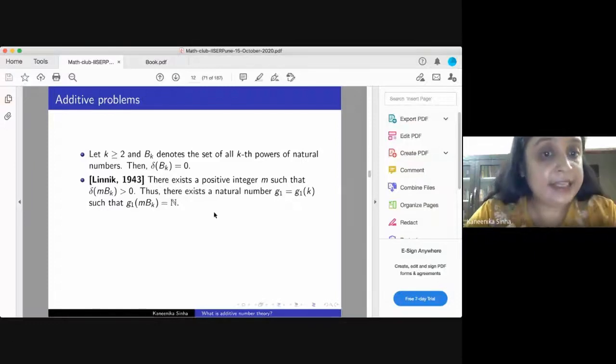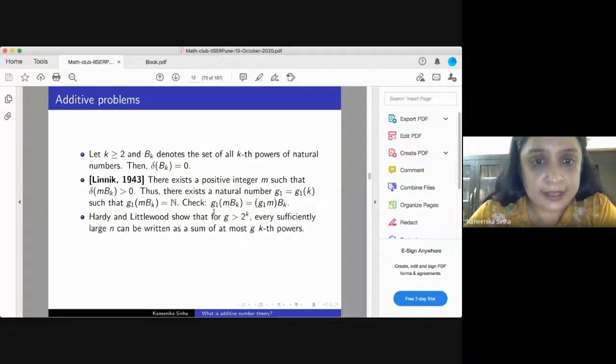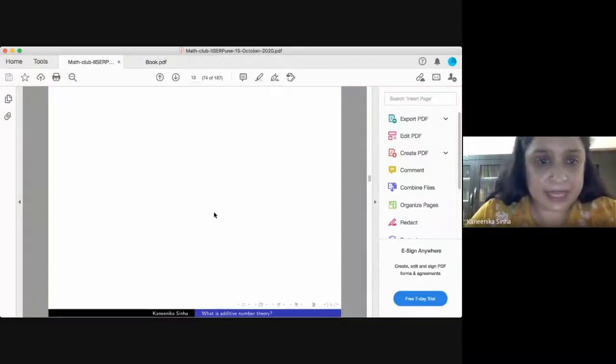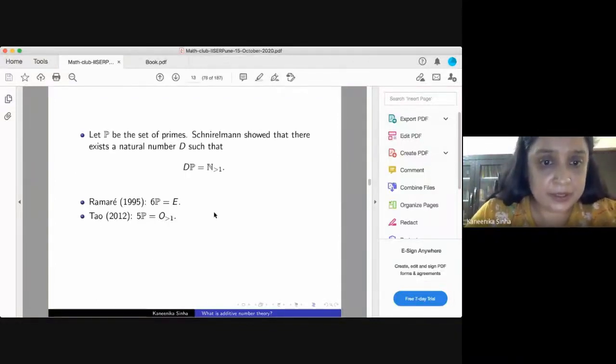It gives you an explicit example of a set whose Schnirelmann density is positive, and therefore from that you can derive Waring's problem. So Linnik is actually using Schnirelmann's theorem to give a positive answer to Waring's problem. I hope that is clear. So I'll continue, and then we'll keep taking questions from time to time.